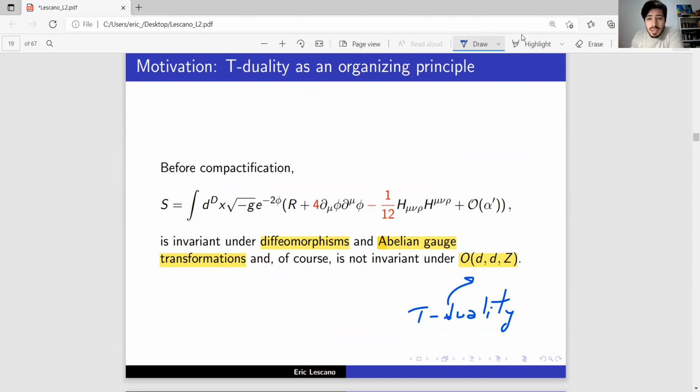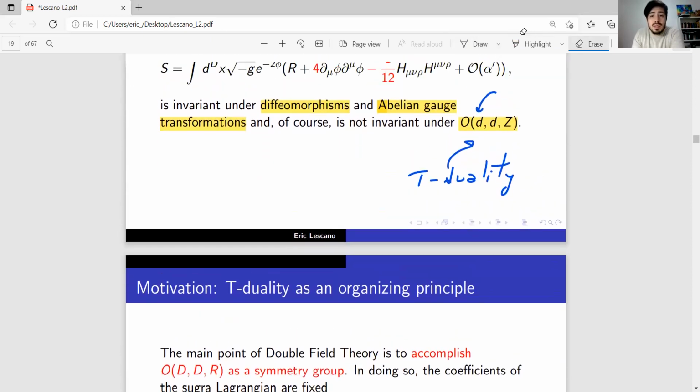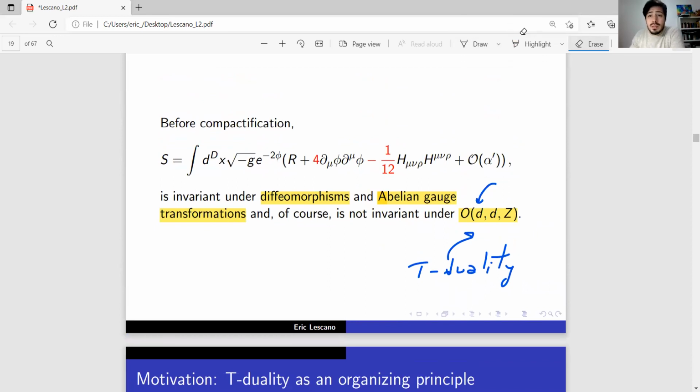So this small d over here means nothing to us. We work with capital D. We work with all our dimensions, arbitrary. We are not compactifying anything. So the idea here is that diffeomorphisms and abelian gauge transformations can't fix these coefficients, can't fix this 4 and this 1 over 12.